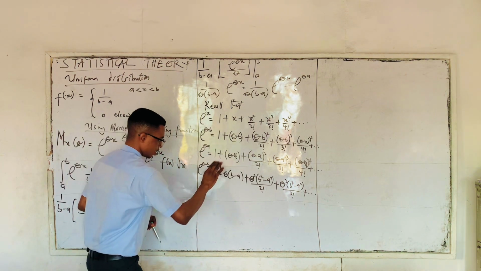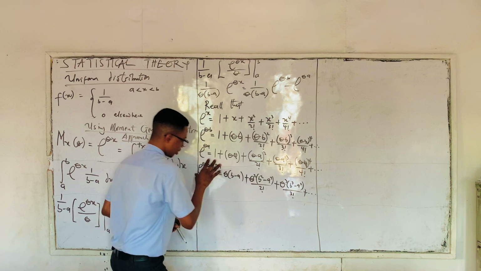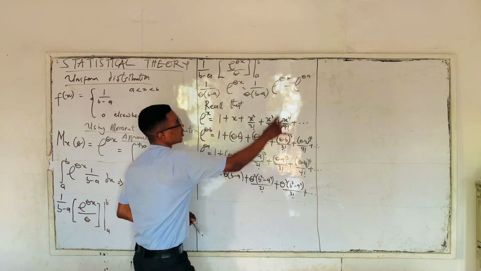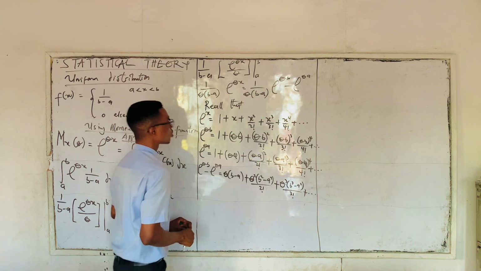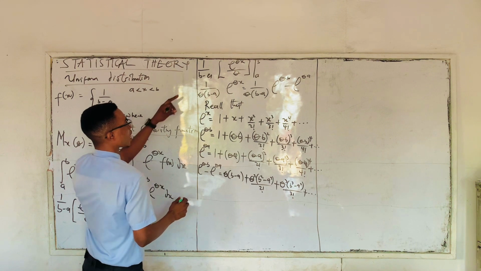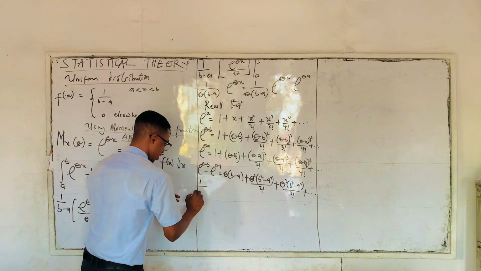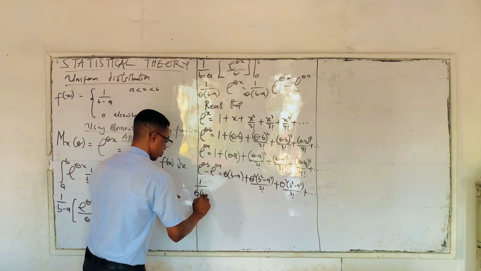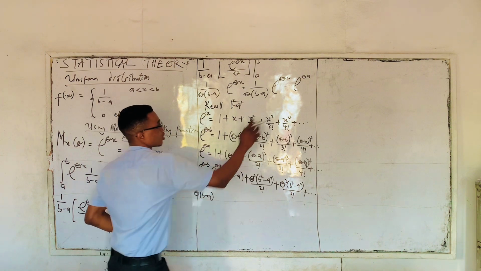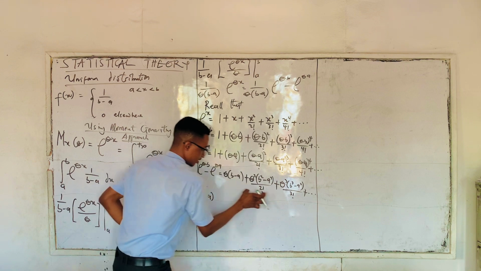So this expression is the same thing as what we have here. So we now go back to where we stopped, which is 1 over theta into brackets b minus a. This is the same thing as this.